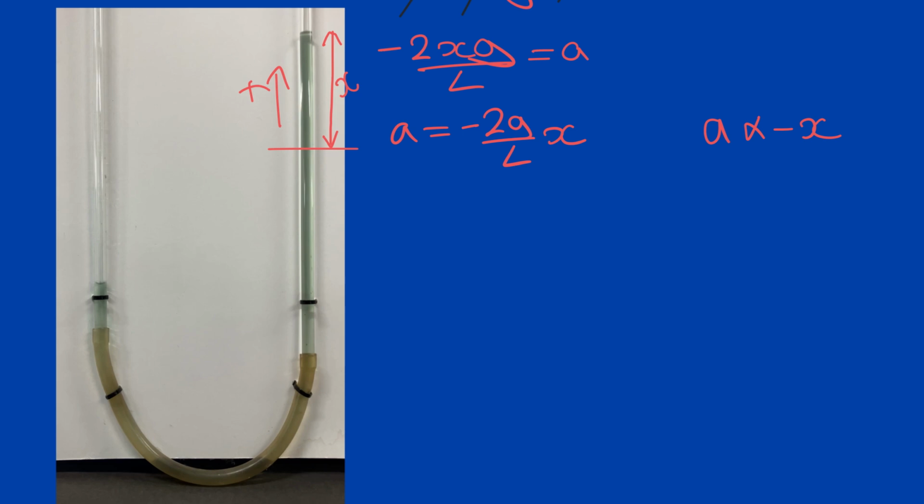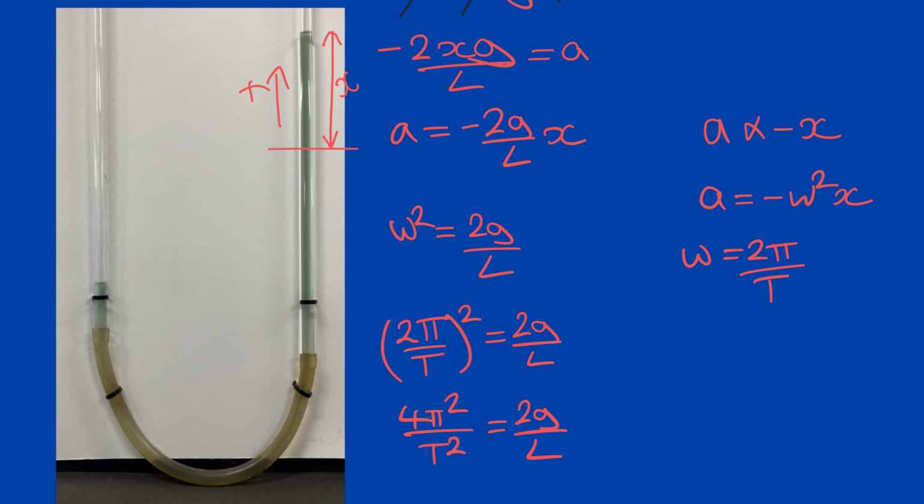Let's now compare that to the general equation for simple harmonic motion, which is a equals minus ω squared x. If we compare these two equations, it is clear that ω squared is equal to 2g over L. But ω is equal to 2π over the time period, so let's replace in this equation ω with 2π over the time period, which we can rewrite as 4π squared over the time period squared equals 2g over L. Now, since we've got fraction equals fraction, we can flip both sides, and that gives us time period squared divided by 4π squared equals L over 2g.